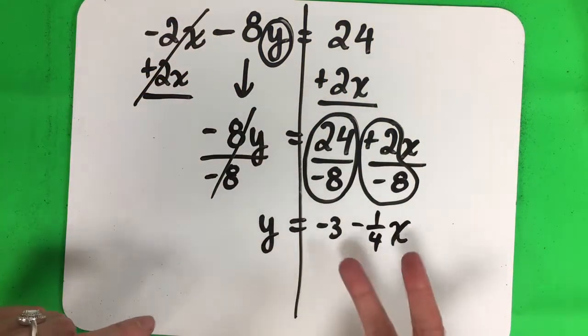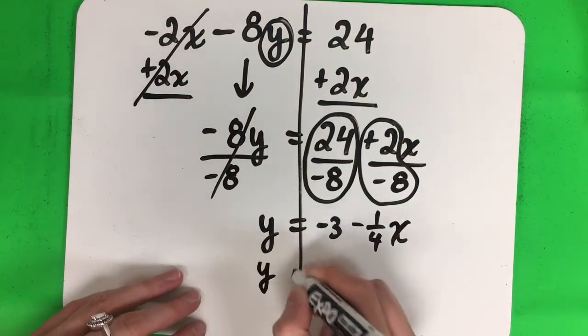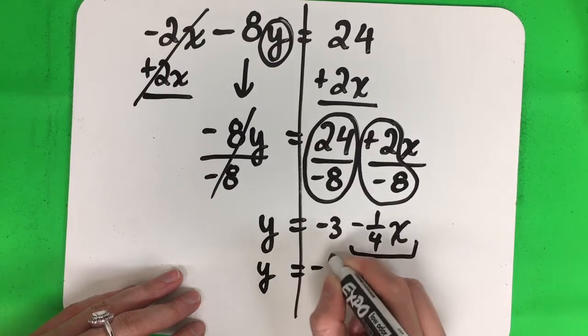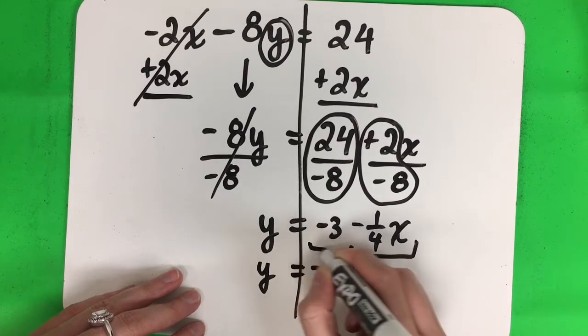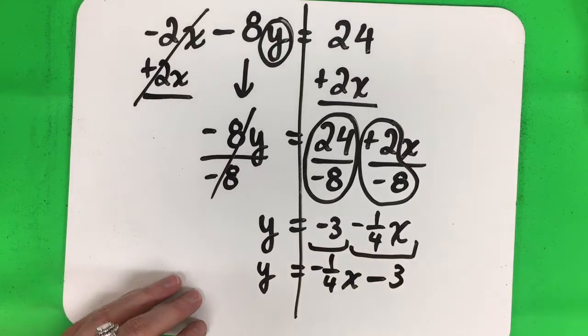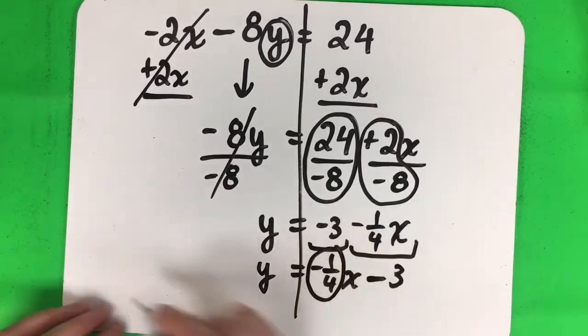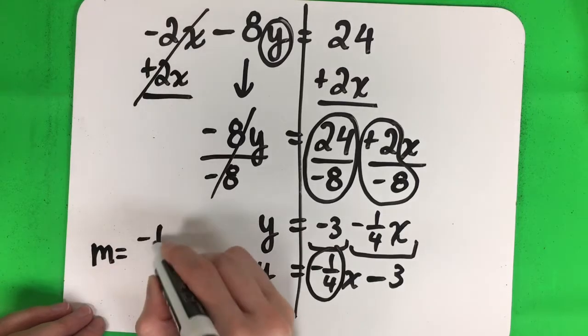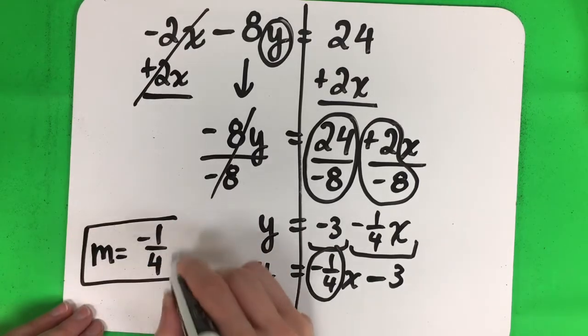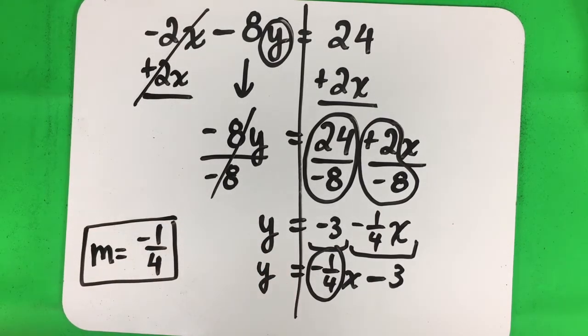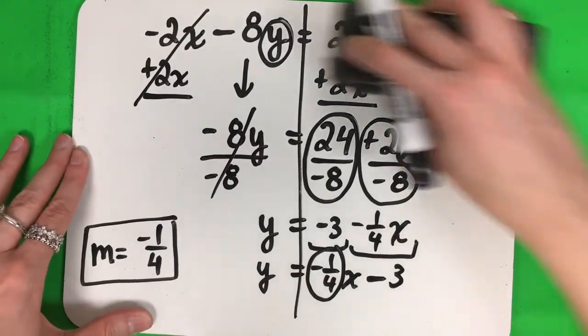I need that x in the front, so I need to switch them. So y equals negative 1/4 x minus 3. And my slope is the number with x, so m equals negative 1/4. There it is.